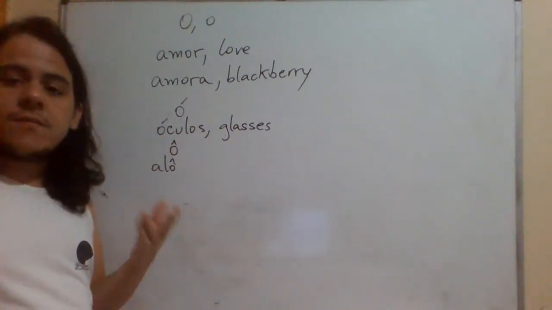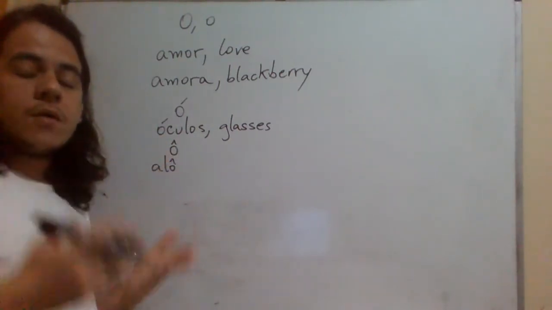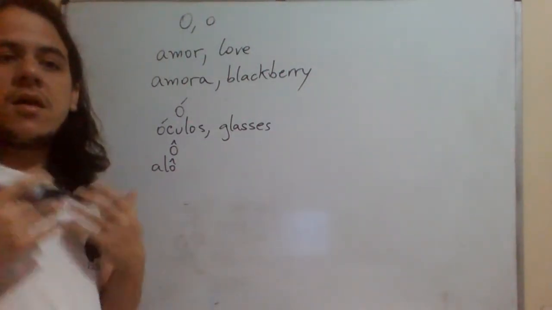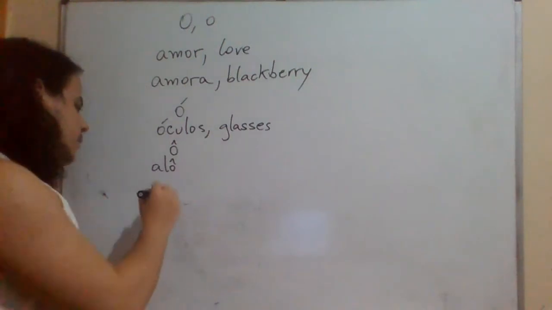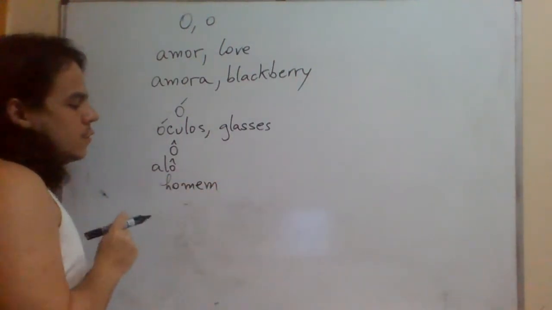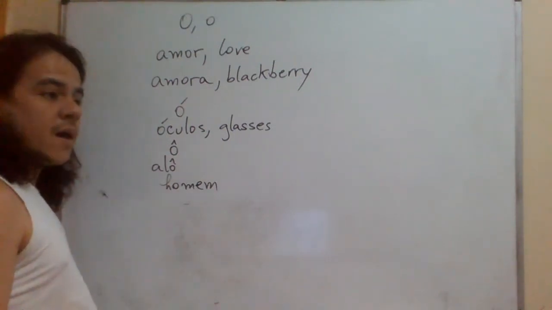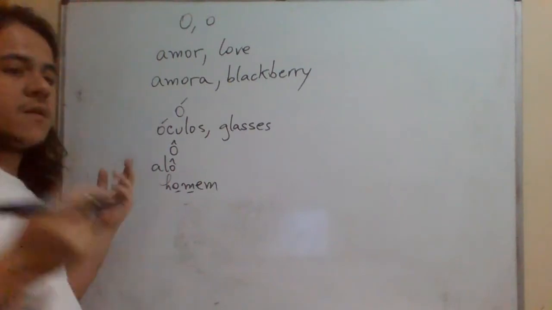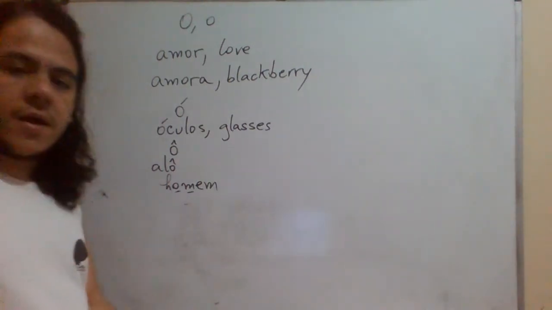Remember, the chill is a mark we put above letters A and O to mark a nasal sound. So for example, we had seen this word homem, means man. Here we have letter O before letter M. It has a nasal sound, homem.